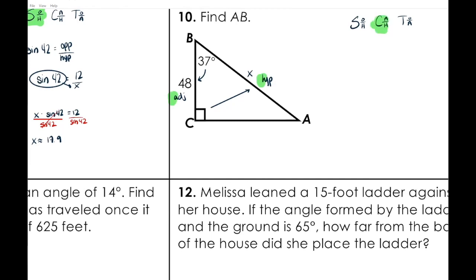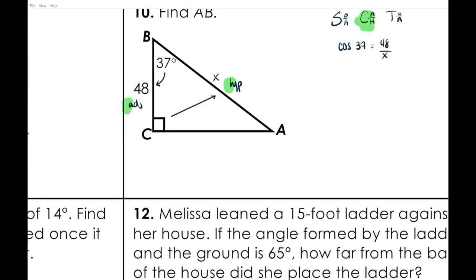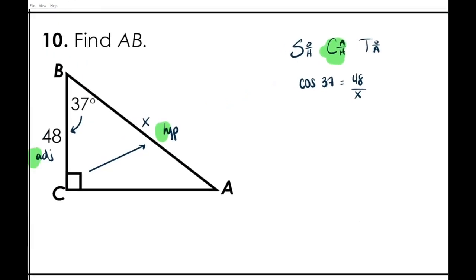Okay, so cosine of our angle 37 is the adjacent 48 over the hypotenuse x. Zoom in here so you guys can see what's happening. Cosine of 37 cannot be separated. Cross multiply. X times the cosine of 37 is 48.